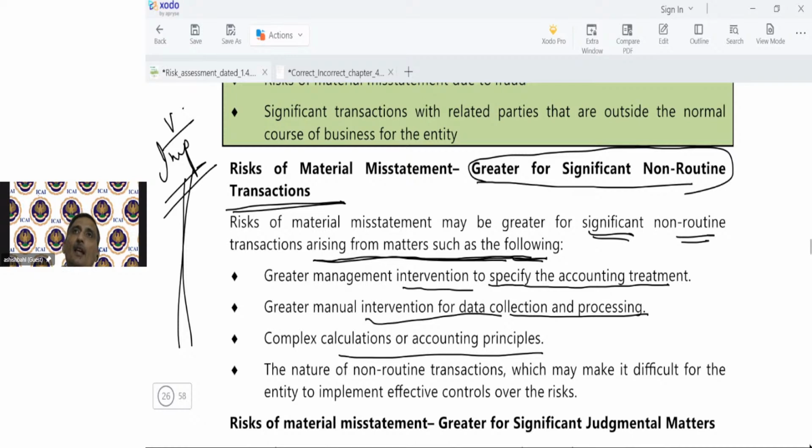Or say if in some matter management is taking undue interest in letting pass some entries, in specifying how these should be treated in the accounts. It might not be proper from the point of view of accounting standards, but management wants it in that particular way. So it would show that there would be a possibility of greater risk of material misstatement. Okay.